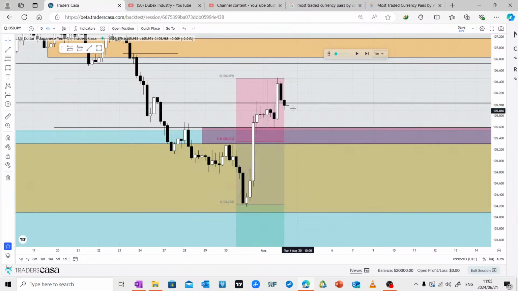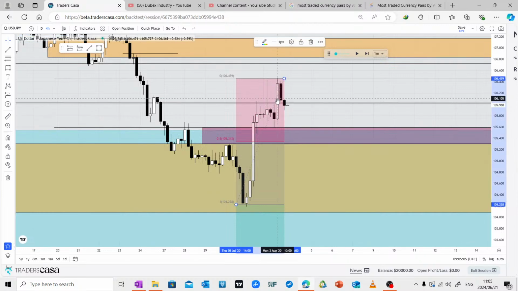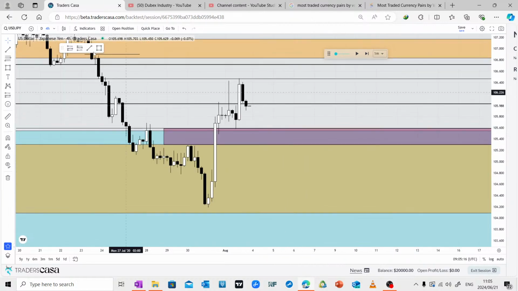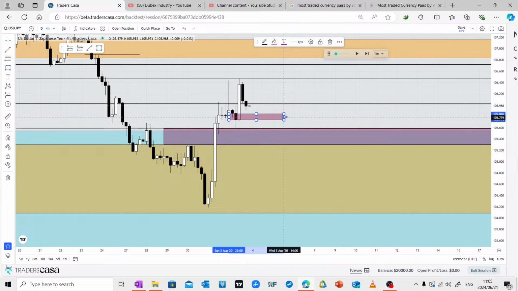But I would still take a trade that comes back into the fair value gap right there, because now we've got 1, 2, that was the second retest, but I'm still saying we have the third retest which I could still take. So noting this price pushed higher, and we've got this bearish order block right there. So I could take that one, put my stops below there, and hopefully it would work out.